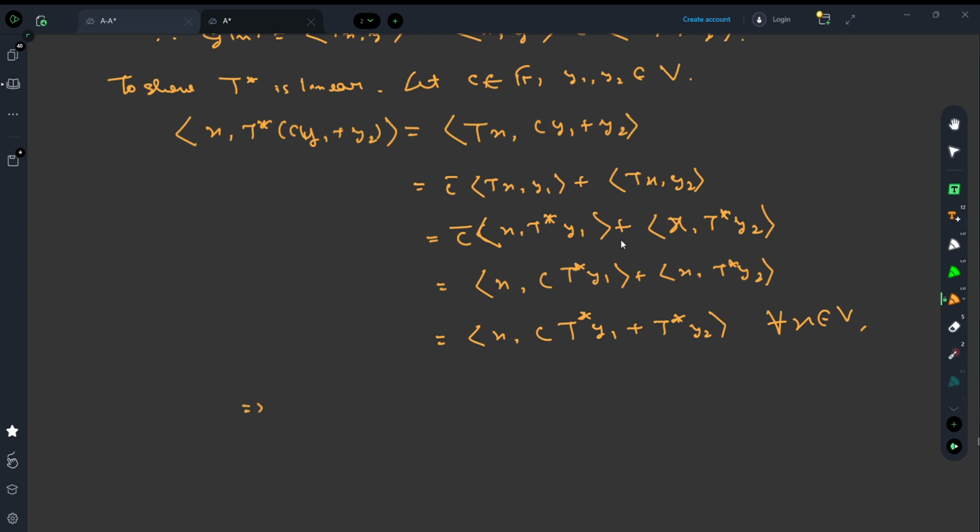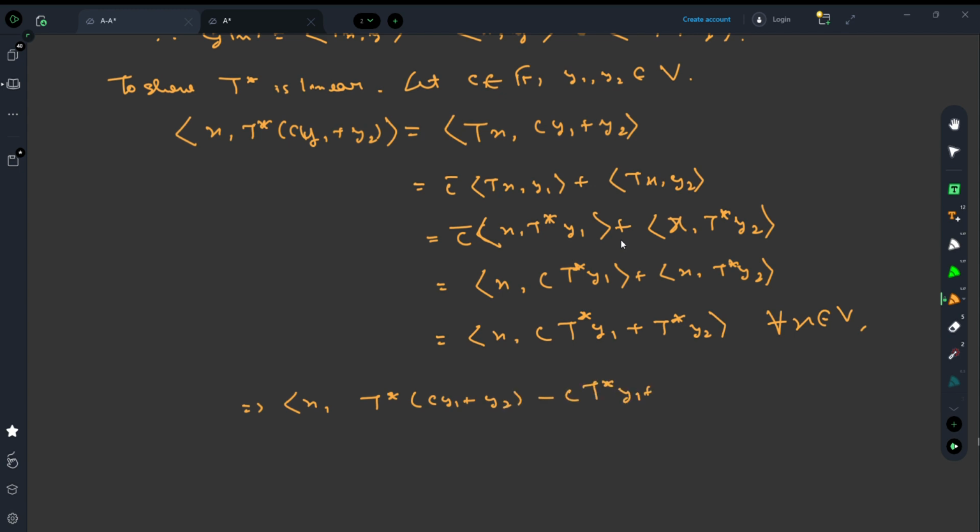For all x in V, and y1 and y2 were chosen arbitrarily. So this implies, if I bring this to the left hand side, or I do not even need to bring it to the left hand side, we have an equality in terms of x, so we must also have an equality in terms of the second element in the inner product.